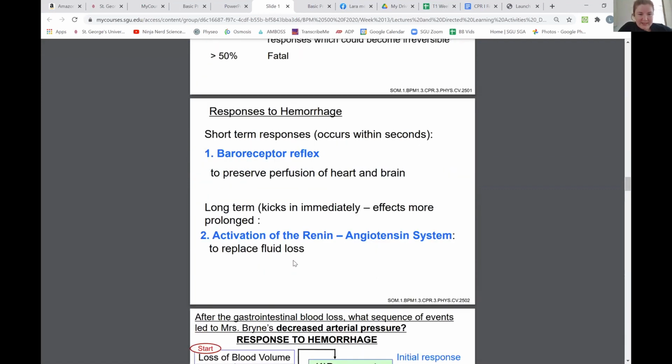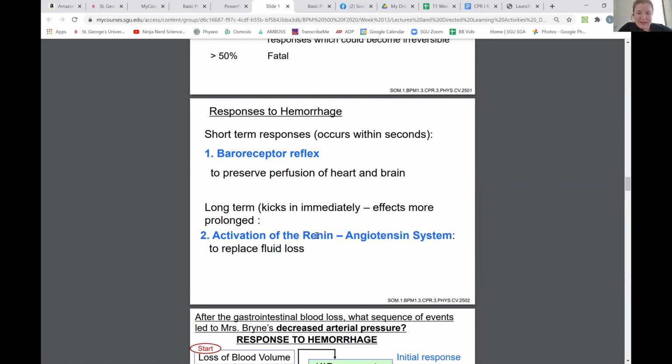We talked about this activation of the renin-angiotensin system. The big thing you need to know right now in CPR 1 is it just replaces fluid loss. So anytime you see this, you're holding on to sodium and water. It's sodium and water reabsorption at the level of the nephron in the kidneys. So that's what this is talking about.